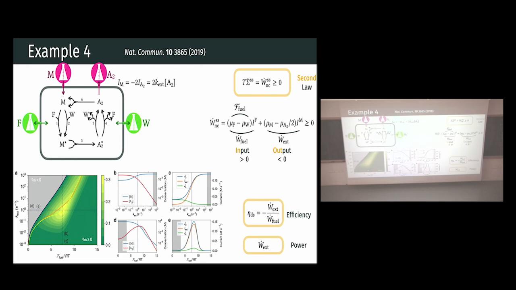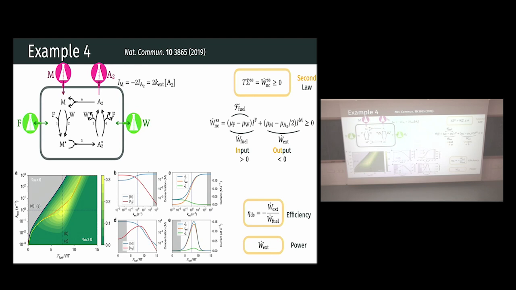And you can look, for example, at the different values of the efficiency for different values of the non-conservative force applied to fuel and waste, and the kinetic constant at which you are extracting the target molecule. Okay? And there is a region here where there's a maximum of your efficiency.